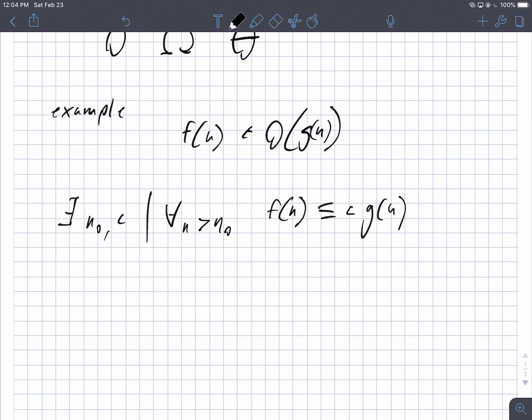So that's just a good fact to know. You should be able to go from the big capital letters to this formal definition and back and forth. And that'll help with various proofs, etc.